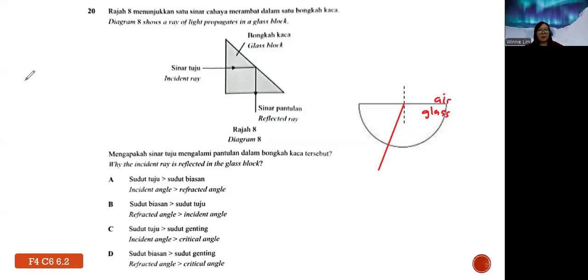This idea is called refraction, the bending of a light ray due to different optical density.